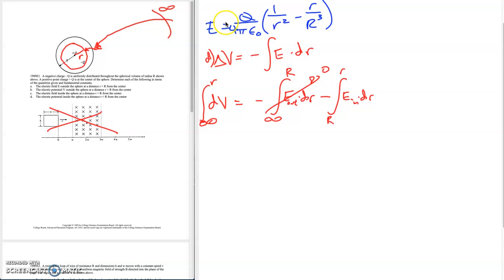For the inside, we have this ugly expression that we're going to have to integrate. So for the inside, we're going to have minus the integral of q over 4 pi epsilon naught, parentheses, 1 over r squared minus r over a constant cubed, dr, and we're going to go from big R to little r.